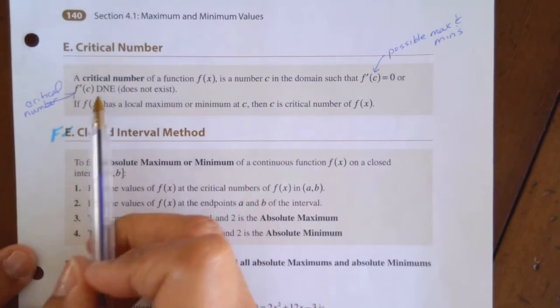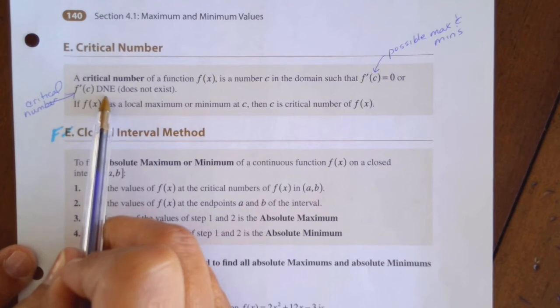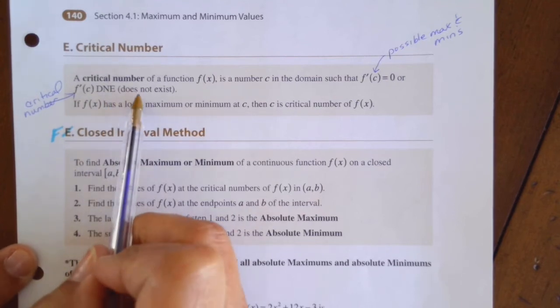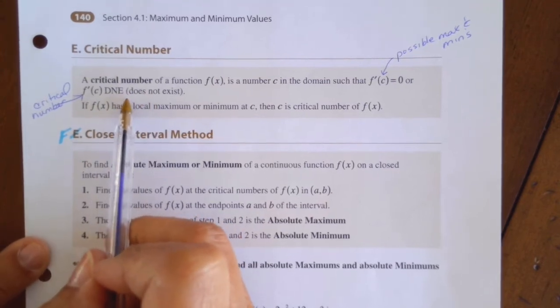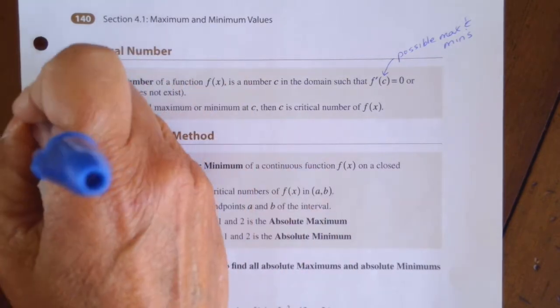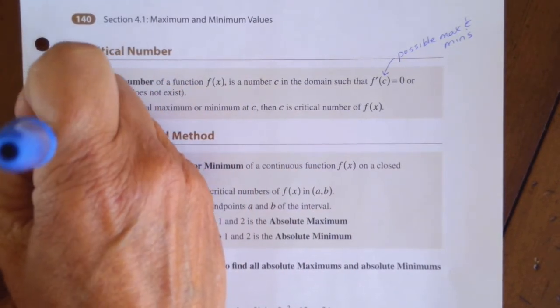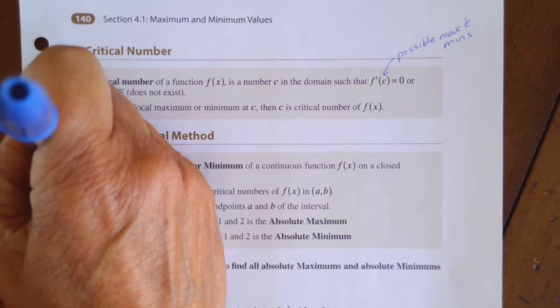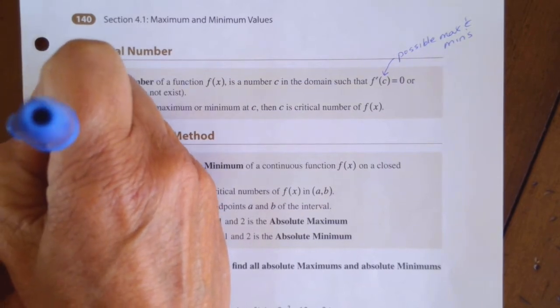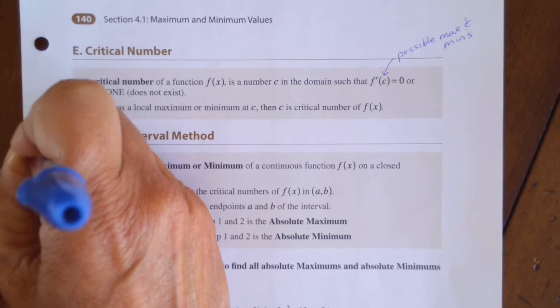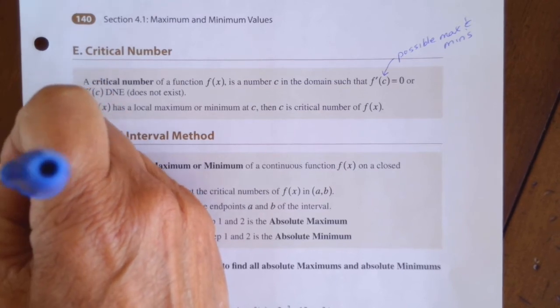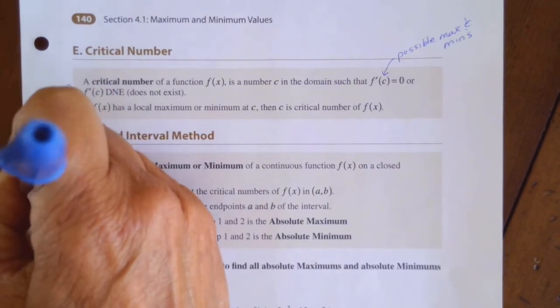So this is still a critical number. And think about where the derivative doesn't exist. That means it is either an asymptote or a number not in the domain.